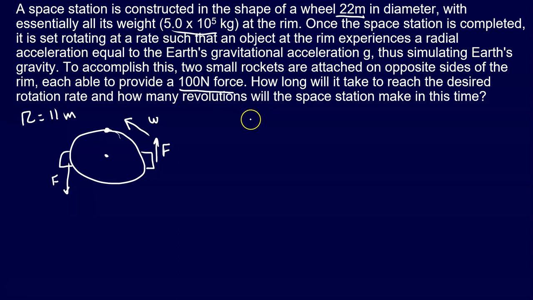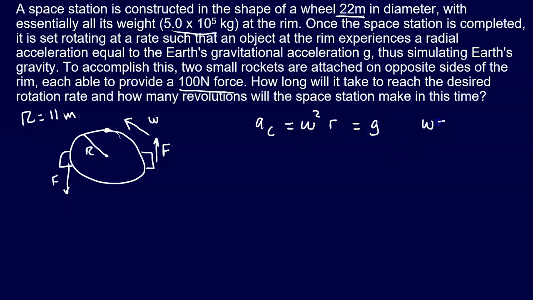Okay, so the idea here is that we want our centripetal acceleration for somebody on the rim, and this is the thing with radius R of 11 meters, to equal g. So I'm going to use the equation for centripetal acceleration, omega squared times R, and set that equal to g.